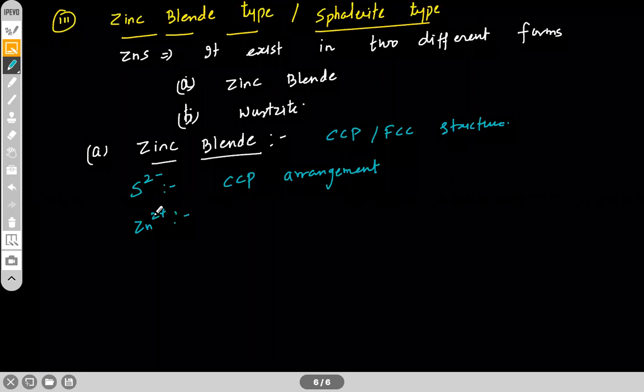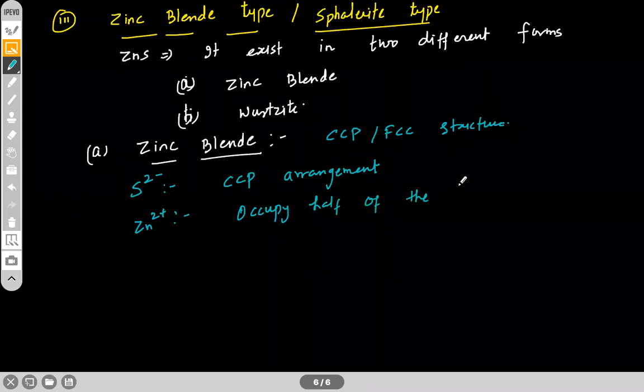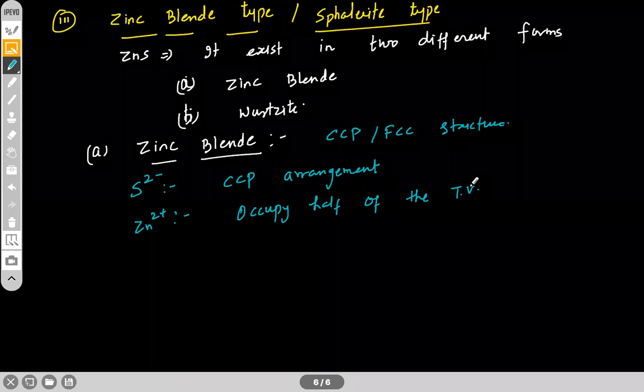Zn2 plus, write down, occupies half of the tetrahedral voids.